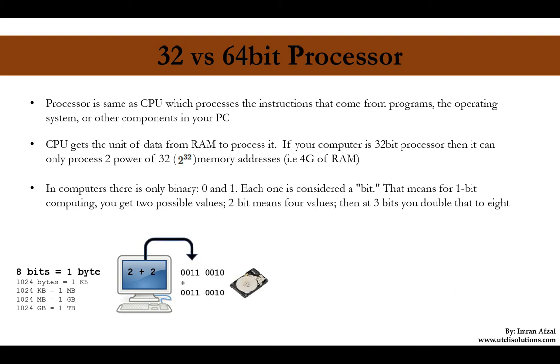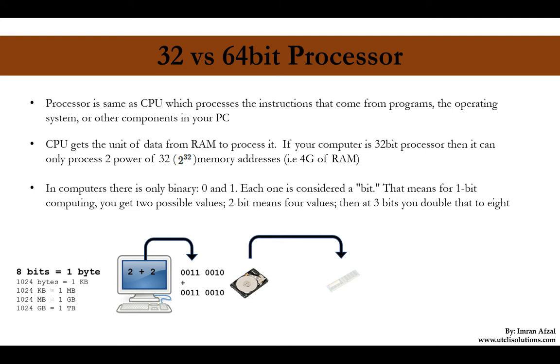This is how it is sitting on your disk, because the computer doesn't understand any language but 0 and 1. So when we do 2 plus 2, it's basically going to do 0011 0010 plus 0011 0010. And then from the disk, it's going to pull that information.